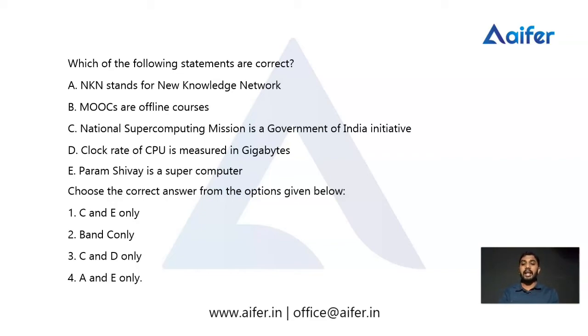Option C, National Supercomputing Mission is a Government of India initiative. Option D, clock rate of CPU is measured in gigabytes. Option E, Param Shivay is a supercomputer. We need to identify which statement is correct and which is wrong.